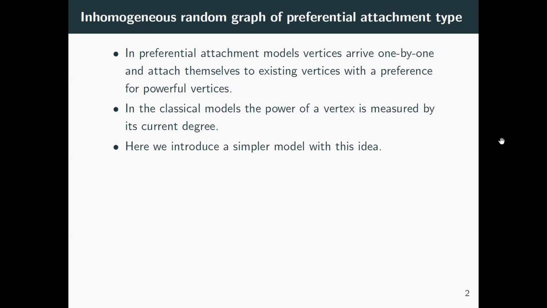So maybe one word, why is it interesting to study such preferential attachment models? The cool part is, if you build a model with this preferential attachment idea, these models usually will have a lot of very interesting properties, like the ultra small world property, meaning that the graph distances are typically very, very small, or the asymptotic degree sequence follows the power law, and there are many more interesting properties of random graphs.